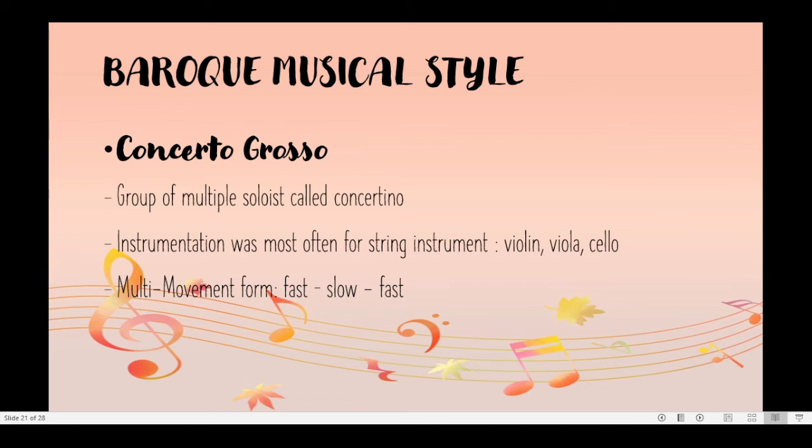Here the instrumentation was often for string instruments: violin, viola, cello. Then it has multiple movements: fast, slow, fast. One example is Johann Sebastian Bach's six Brandenburg Concertos, which are very popular examples of the Baroque concerto grosso.